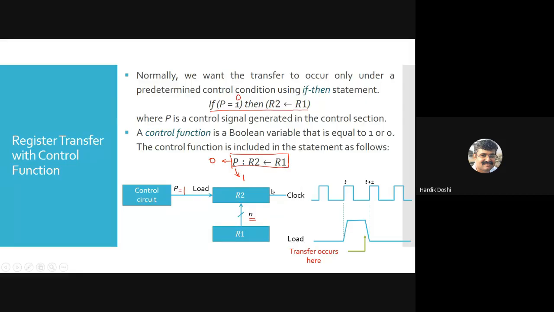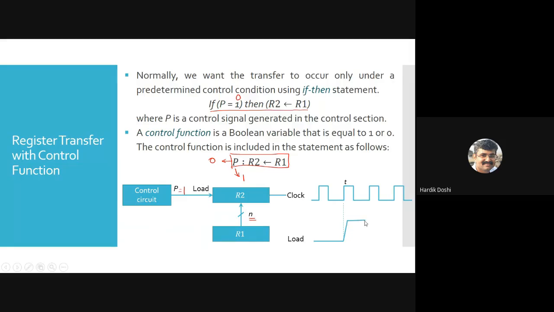Digitally, how does it take place? The control circuit sends signal 1 at time t. At time t the control signal P, whose value is 1, comes over here. So the value of P becomes 1 at this point.